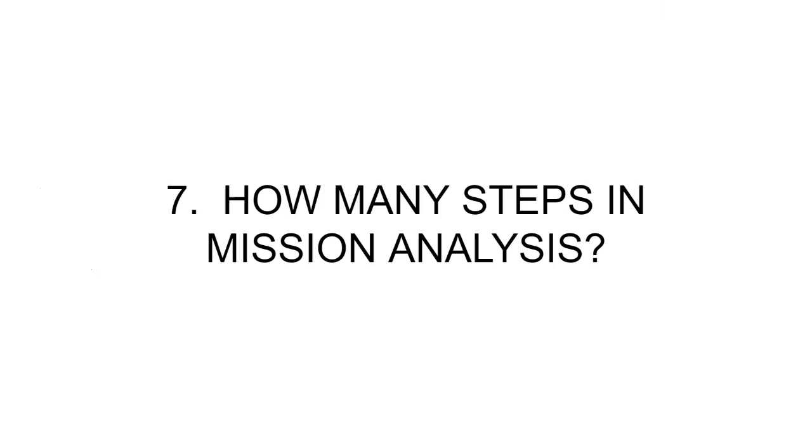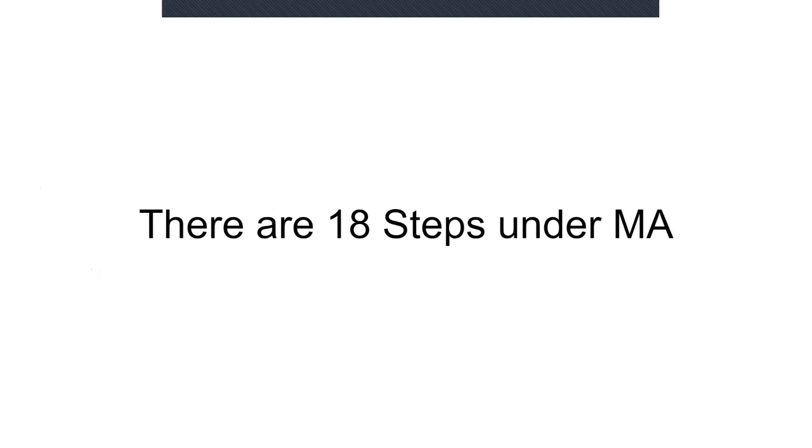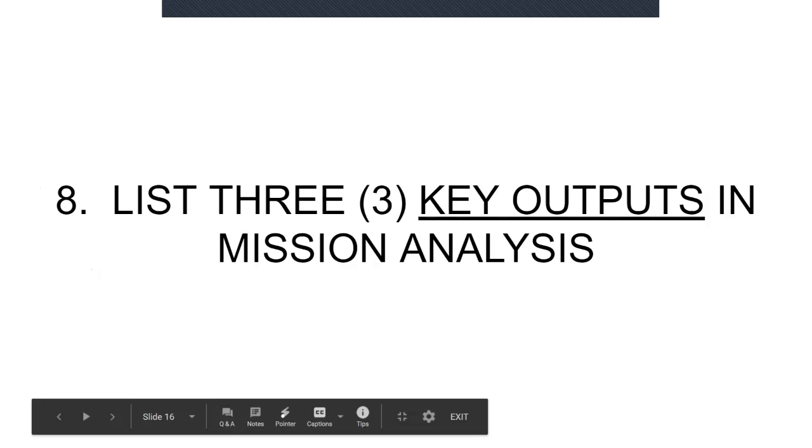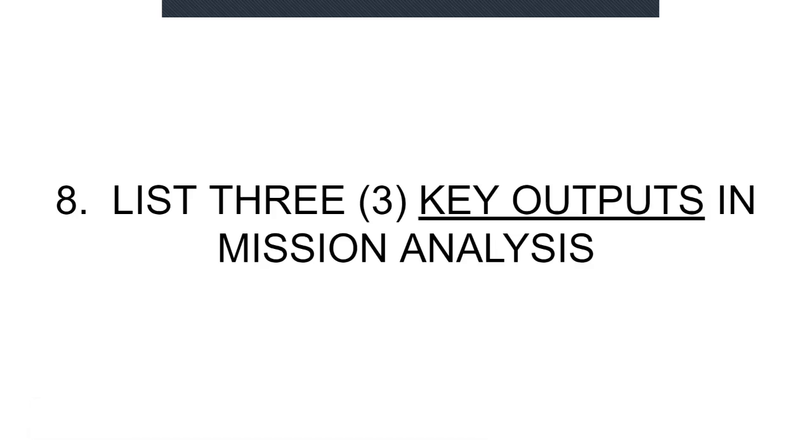7, how many steps in mission analysis? And there are 18 steps under MA. 8, list 3 outputs in mission analysis. So when you come out of mission analysis, you should have 1, 2, 3, 4, 5, 6, 7, 8.